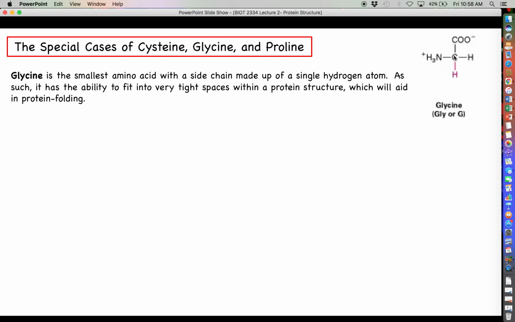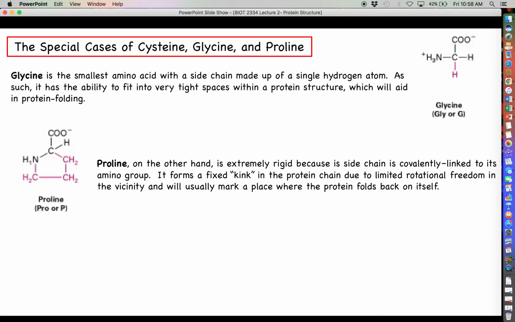Because it is so small, glycine can actually fit into very, very tight spaces within a protein structure, and that's going to be very useful when we start talking about folding the protein and getting the protein nice and compact into a small volume. Having glycines allows us to really get that protein compacted down into a small size.